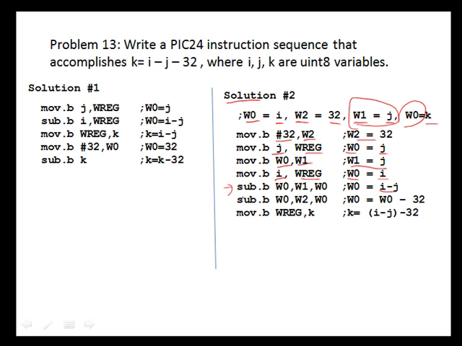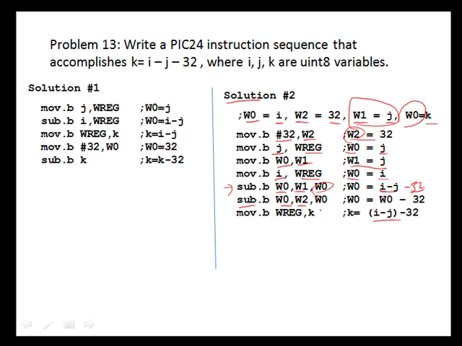Now we can perform this subtraction using a 3 operand subtraction, which will say W0 minus W1, which is i minus j, and the result is going to go into W0. To complete this operation, we need to subtract 32 from this. We know that 32 is sitting in register W2, so we'll use this 3 operand subtraction.